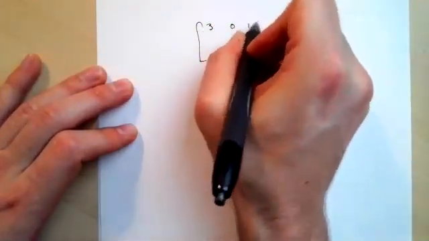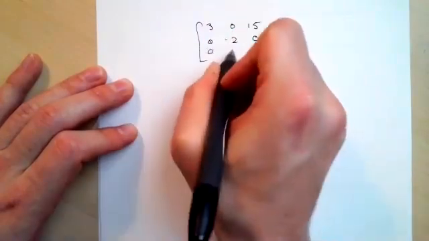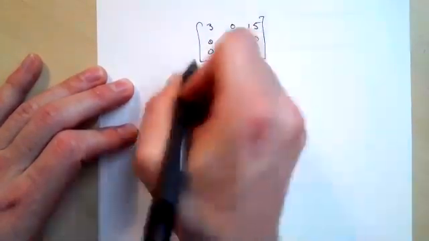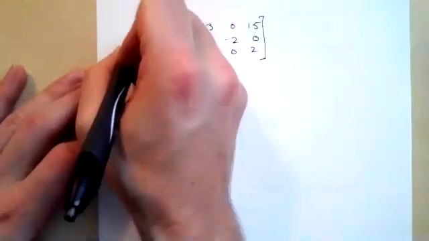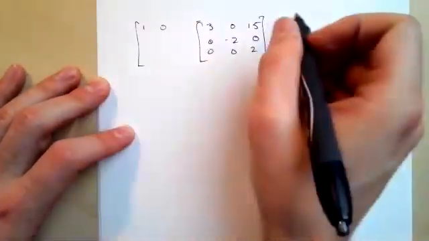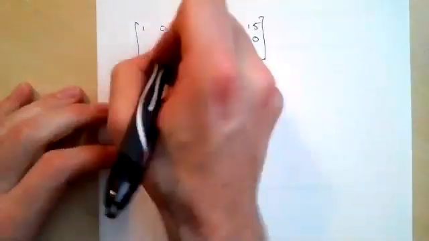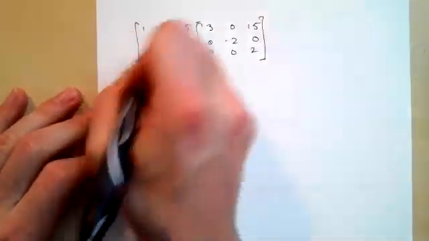We've got 3, 0, 15, 0, minus 2, 0, 0, 0, 2. And then in this column, we are going to have 1, 0. And then this column, this one we want our 15.